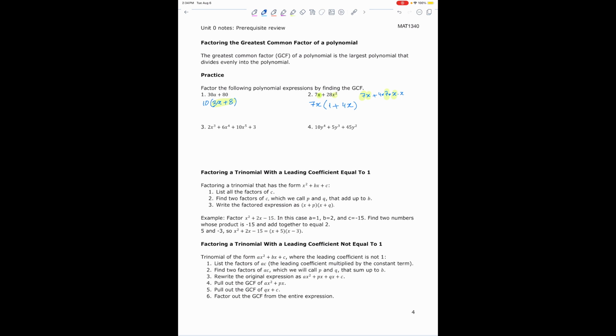Number 3. Here you will notice that we have 2x cubed plus 6x to the fourth plus 10x to the fifth plus 3.